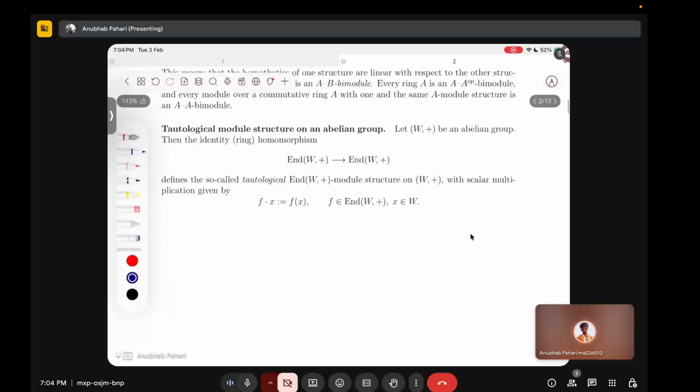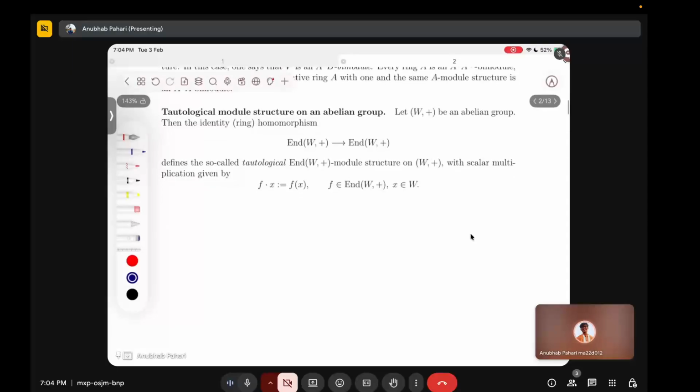We should directly go to this tautological module structure on an abelian group. That is, if W plus is an abelian group, then it is already a Z-module. How should it be a Z-module?